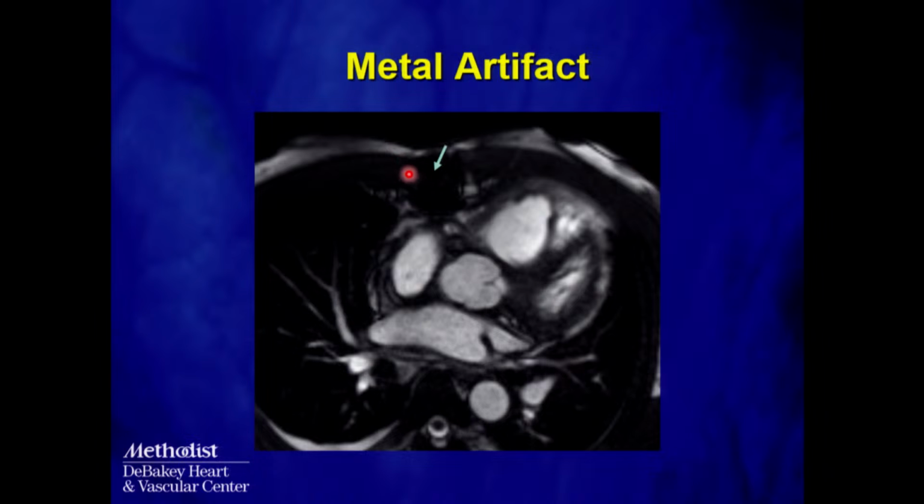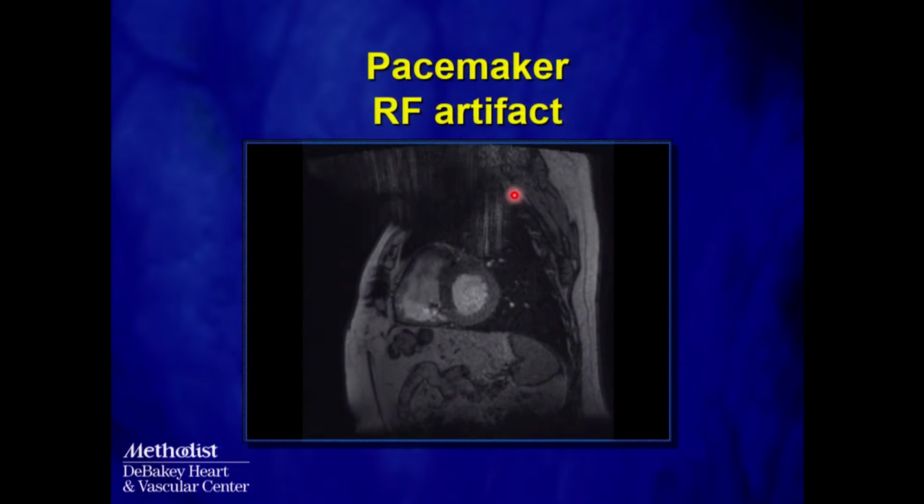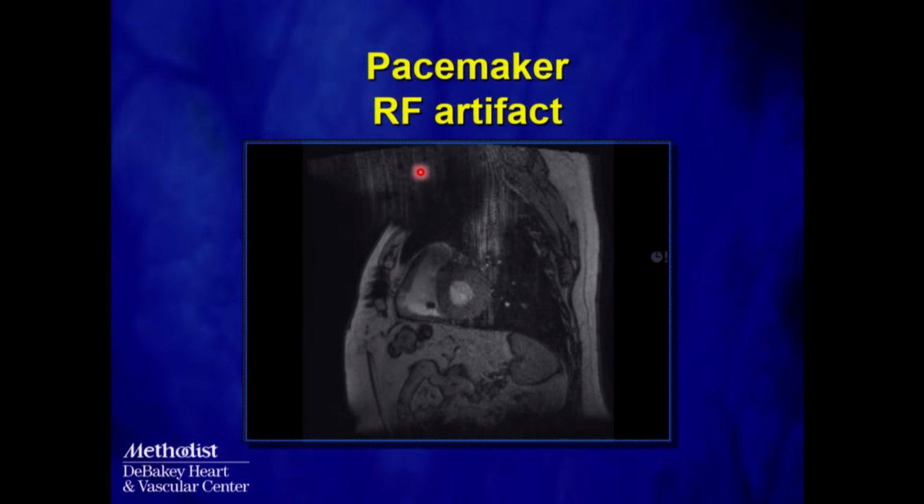This is a patient who has sternotomy wires, and again, we rely on hydrogen atoms to acquire our CMR images, as Dr. Shah showed. Metal has no hydrogen in it, and that's why it creates this quote-unquote susceptibility artifact, or what some people call a signal loss artifact. This is a patient who has a pacemaker generator.